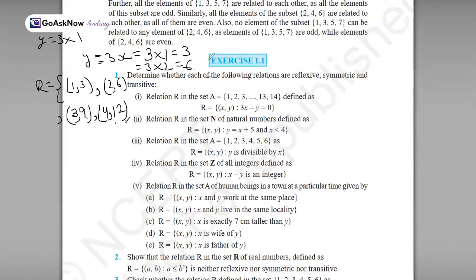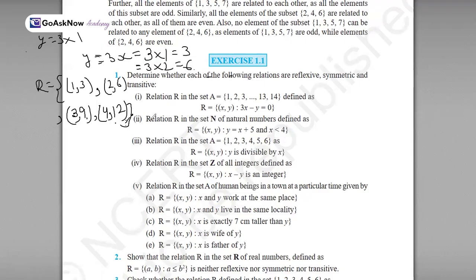Why? Because after 14 there are no elements in the set A, and the relation is only defined on set A. So all the elements of relation R are 1 comma 3, 2 comma 6, 3 comma 9, and 4 comma 12.